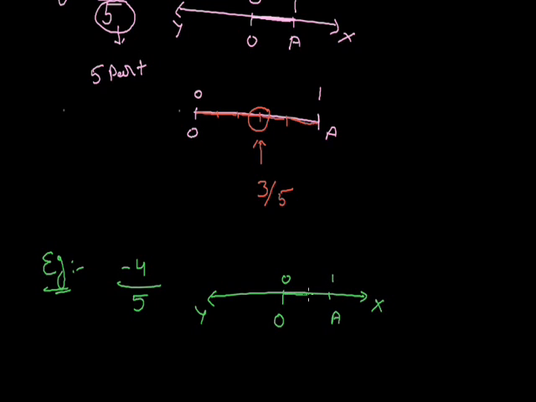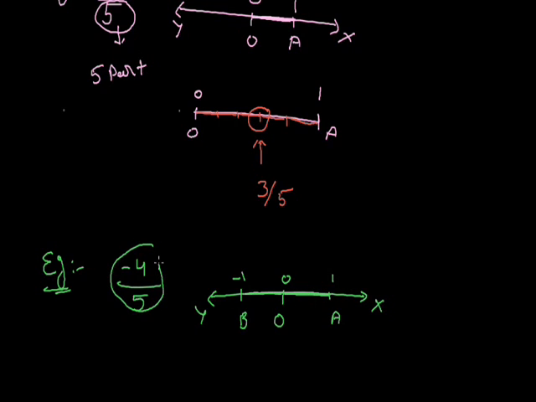The distance between O and A is 1 unit. In the same way, we take another point B which represents minus 1. From O to minus 1 is also a 1 unit distance, but in the negative direction, and O to A is in the positive direction.